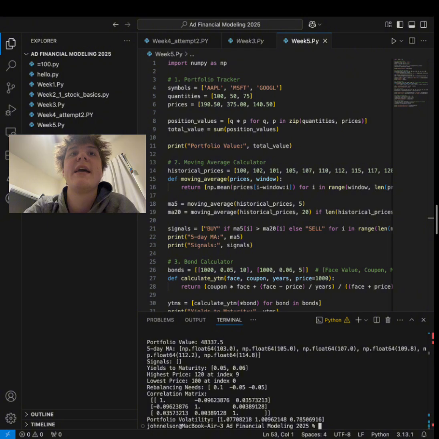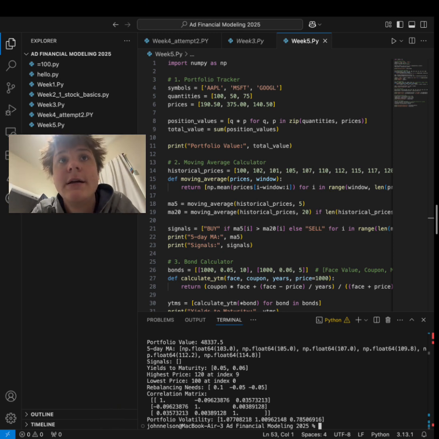And then we have MA5 equals moving average historical prices 5, and then MA20 equals moving average historical prices 20 if len historical prices is greater than or equal to 20, else empty. Then we have signals equals buy if MA5 i is greater than MA20 i, or else sell, for i in range len MA5 if MA20 else. So we print 5-day MA is MA5 and print signals. So those will be in the terminal as well.